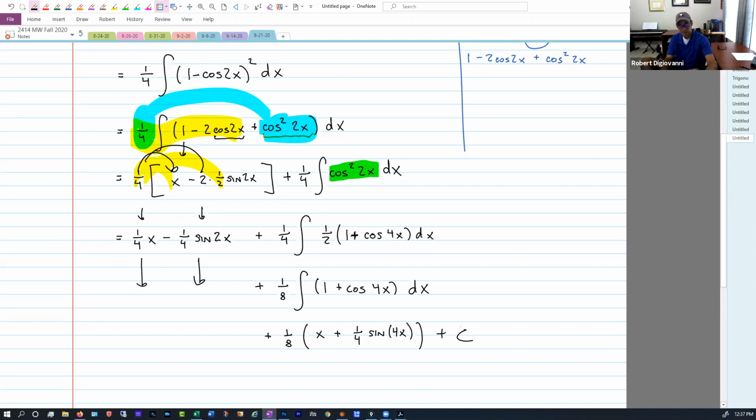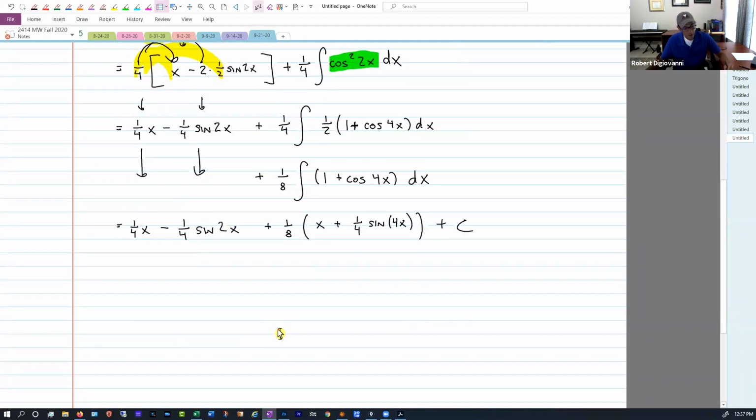So 1/4 x minus 1/4 sine 2x plus 1/8 of all that stuff. I'm going to go, because we're almost out of time, but I have enough time to finish this.